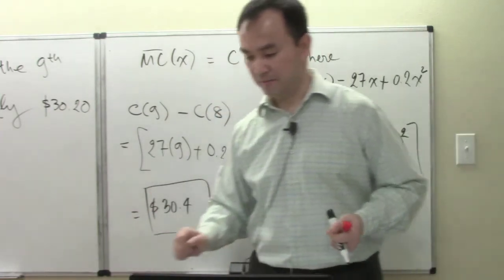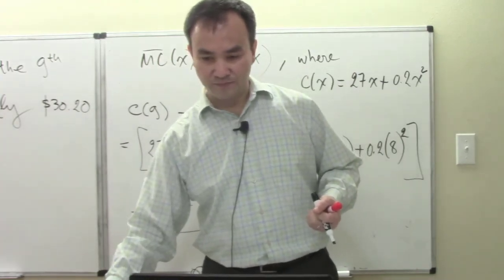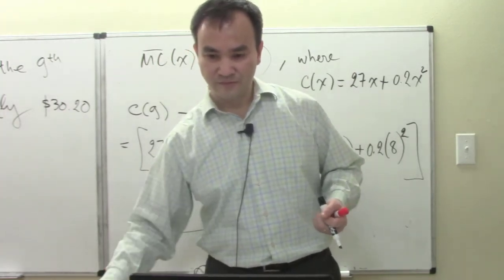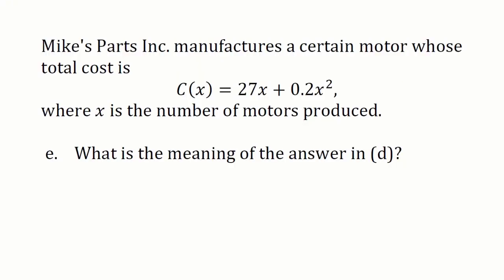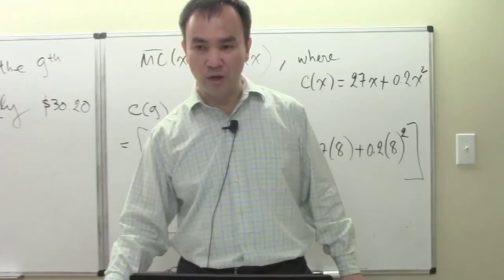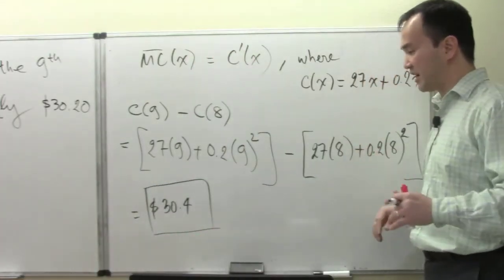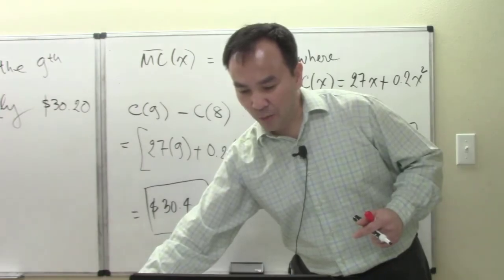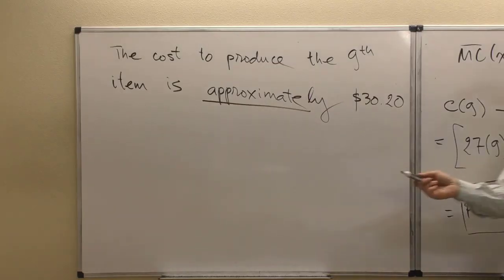And so again, the question in the very last part of our current example is asking what is the meaning of the answer in D, the answer we have just now found. I purposely brought this up, but for any of you who are already fluent with this concept, you can already understand what that is. But so 30.4, let me swing to the other board right here.